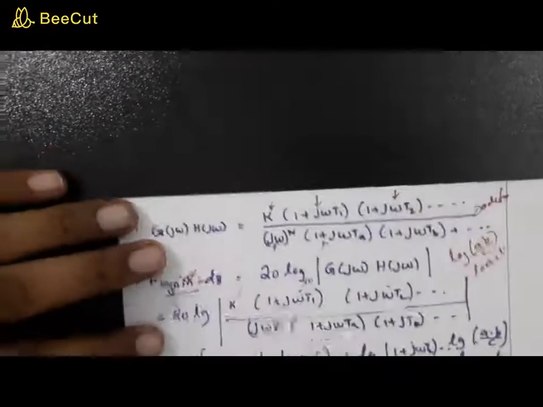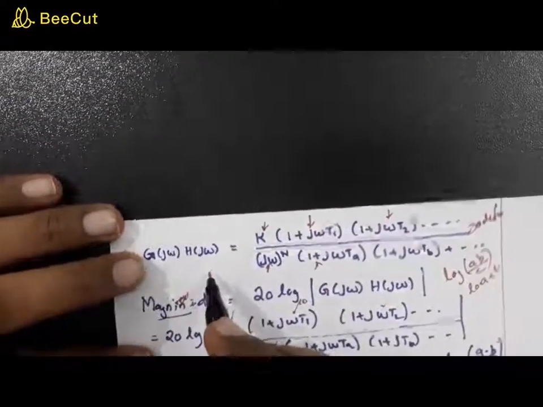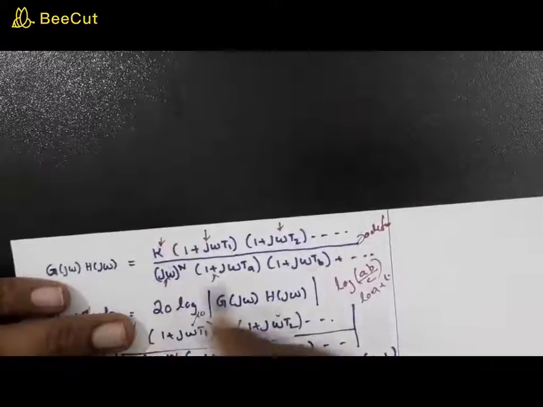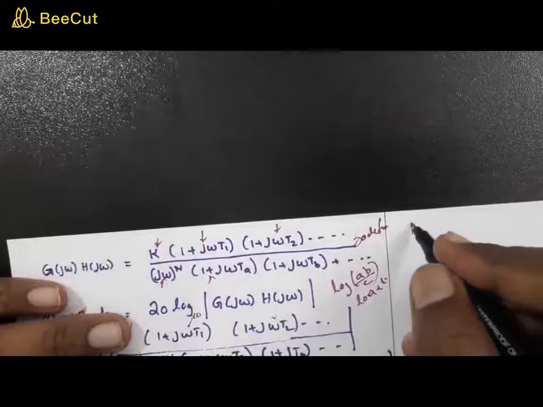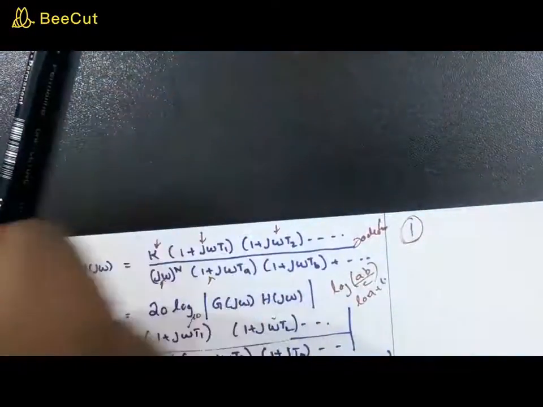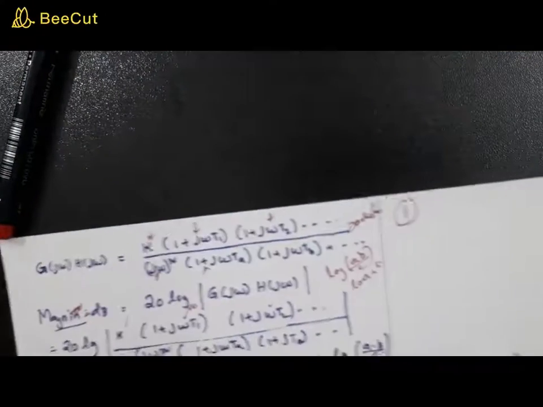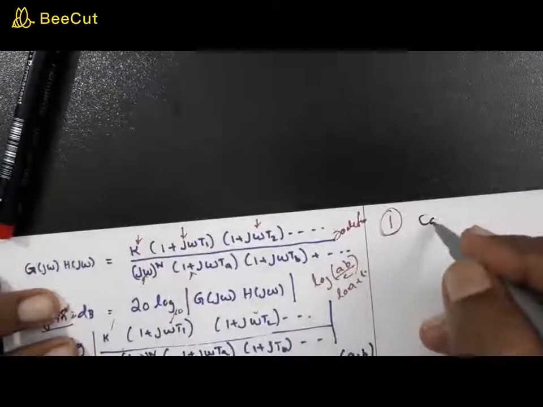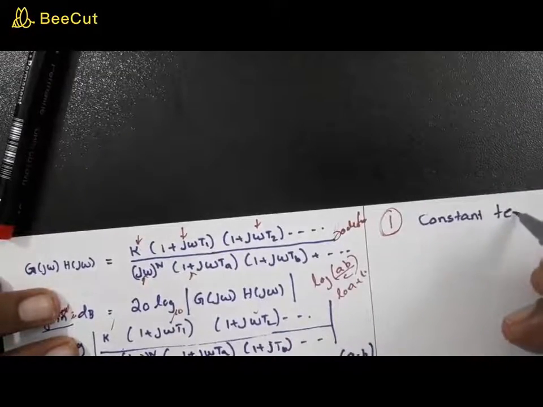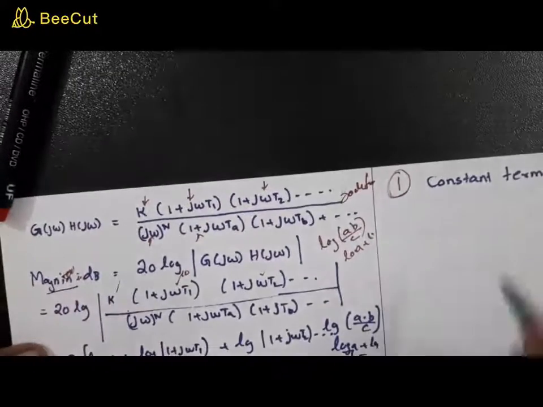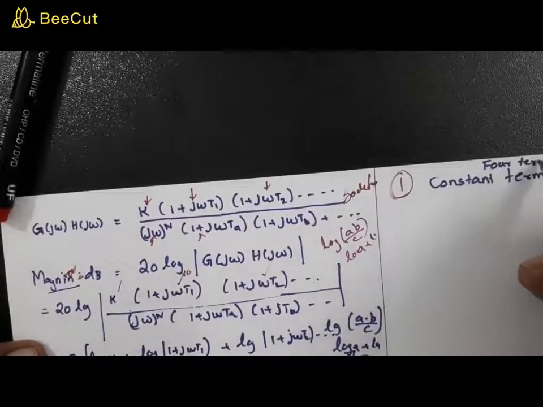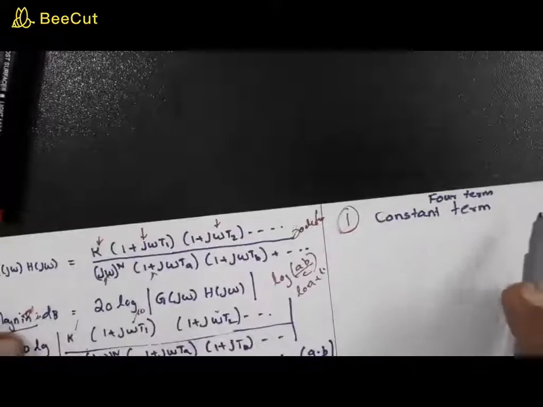Now, looking at this G(jω)H(jω), that is your open loop transfer function, you can identify four different factors.